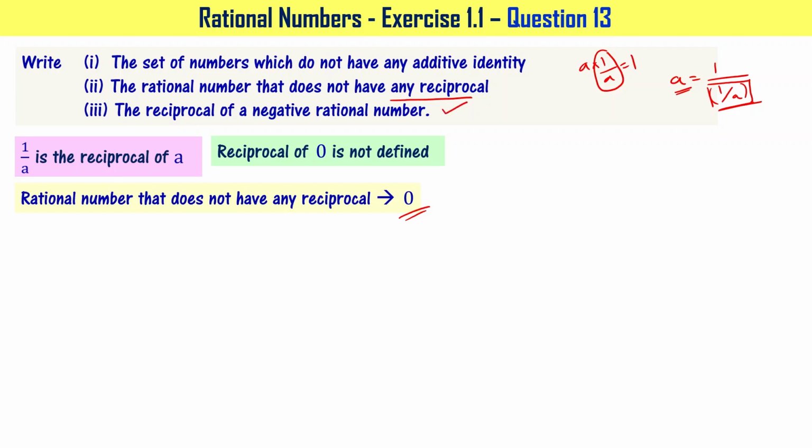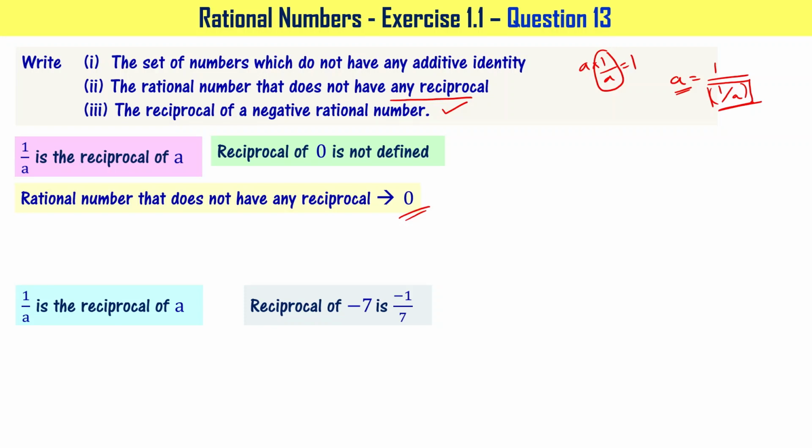Write the reciprocal of a negative rational number. We said that 1 by a is the reciprocal of a, right? Let's write a negative number. Let's say minus 7, right? Its reciprocal is minus 1 by 7, right? Similarly, reciprocal of minus 2 is minus 1 by 2.